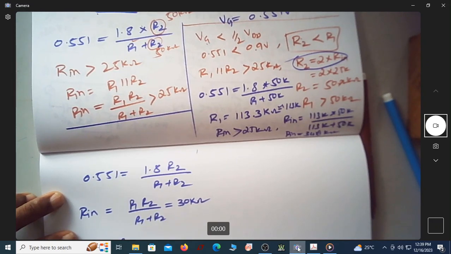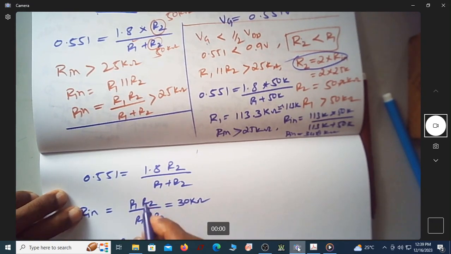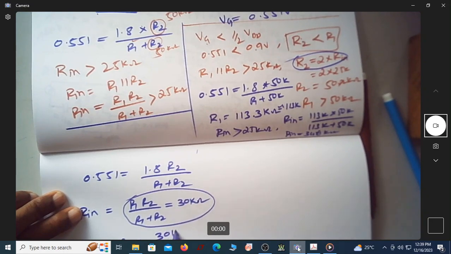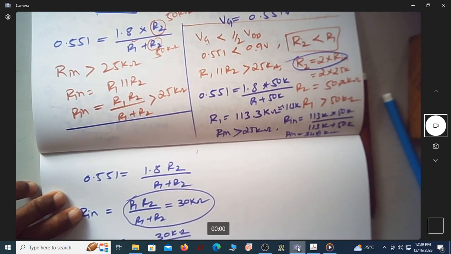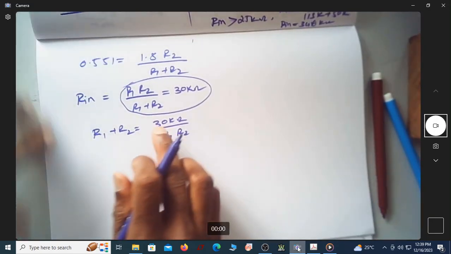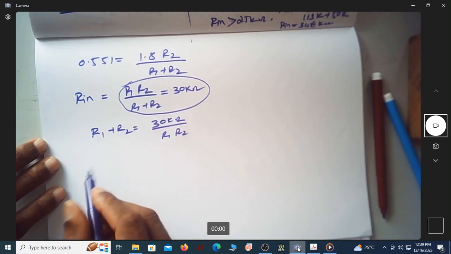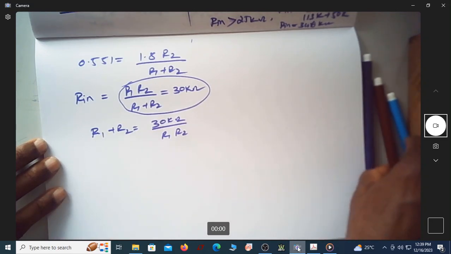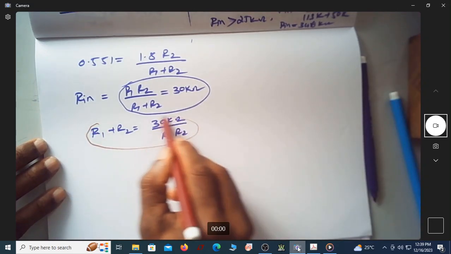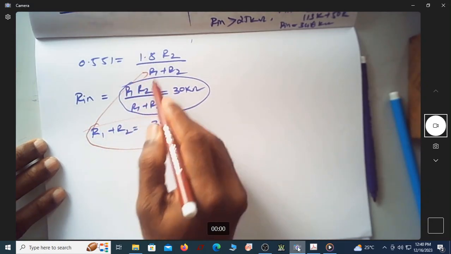Suppose you use this equation, shall I write R1 plus R2 as 30 kilo ohm by R1 R2? I can write it this way. So now I will use this relation over here and then try to solve.